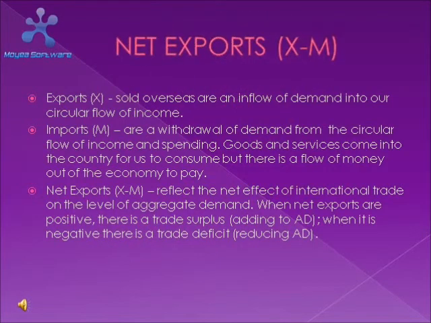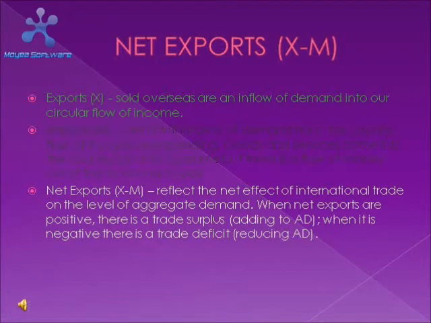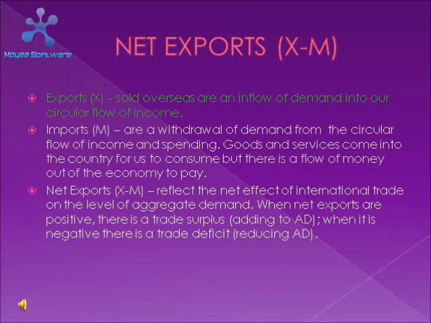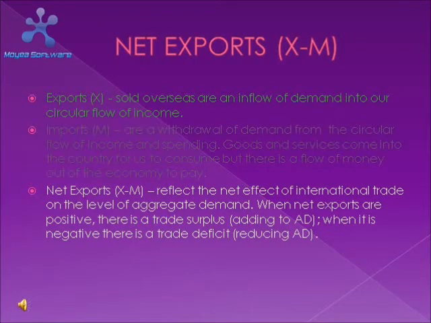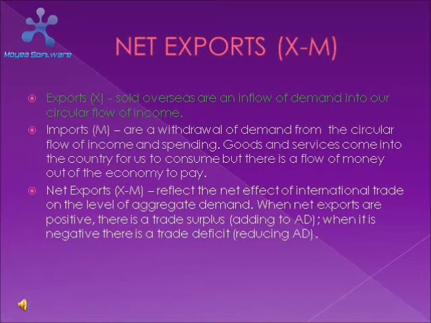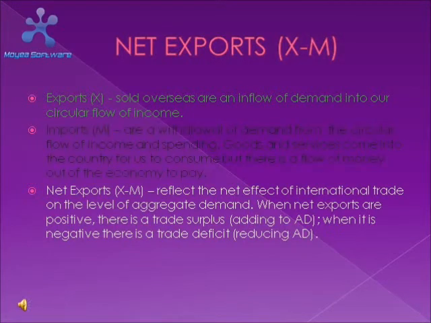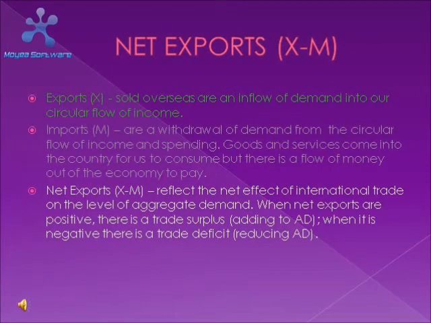Net exports. Exports, represented by X, sold overseas, are an inflow of demand into our circular flow of income. Imports, represented by M, are a withdrawal of demand from the circular flow of income and spending. Goods and services come into the country for us to consume, but there is a flow of money out of the economy to pay.